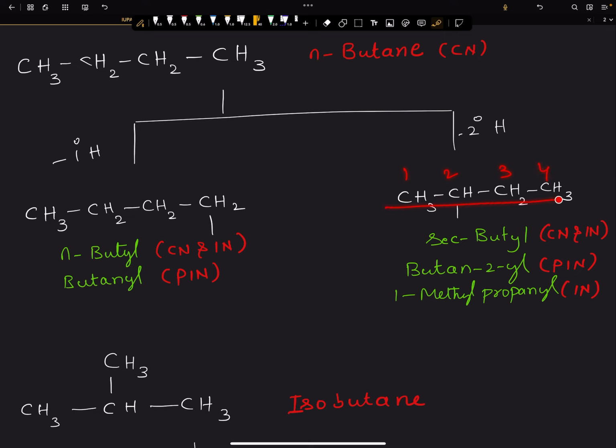There are 4 carbons, but it is connecting through the second carbon, butan-2-yl, which is the preferred IUPAC name, or it can also be called 1-methylpropyl, since on the first carbon there is a methyl group. 1-methylpropyl.